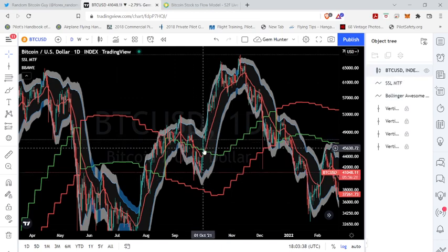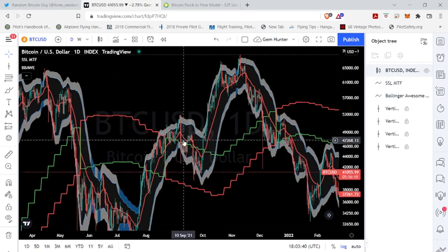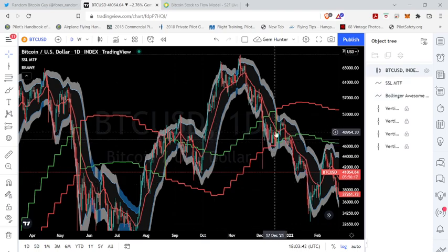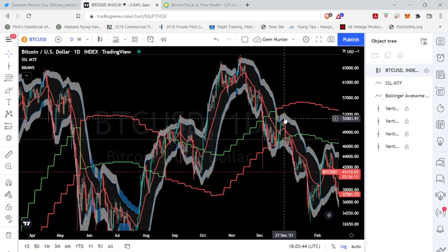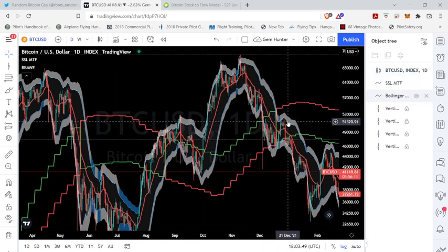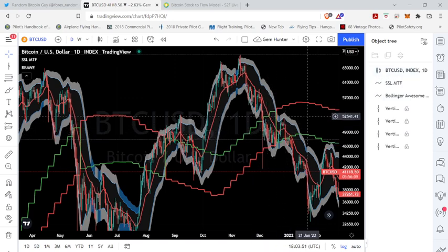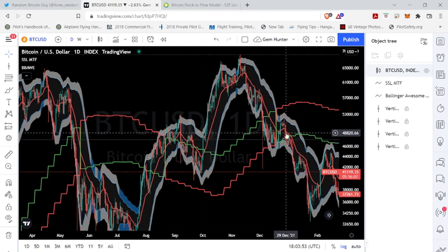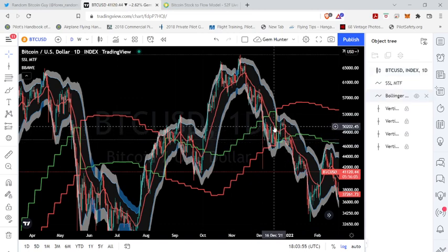And remember, if we are in the SSL, don't pay any attention to the Bollinger Bands. It's just straight 100%.